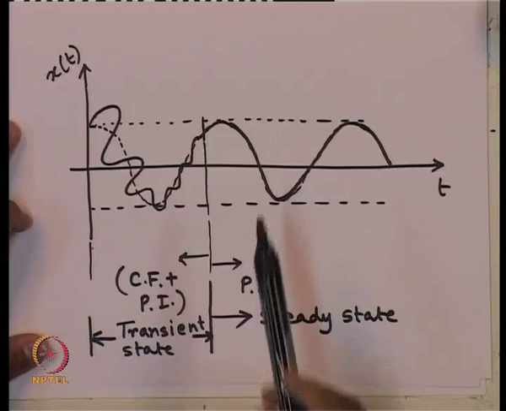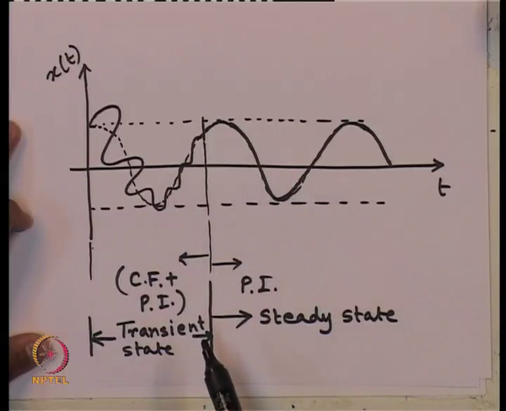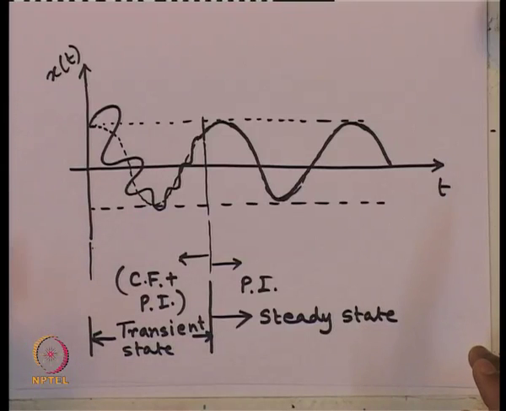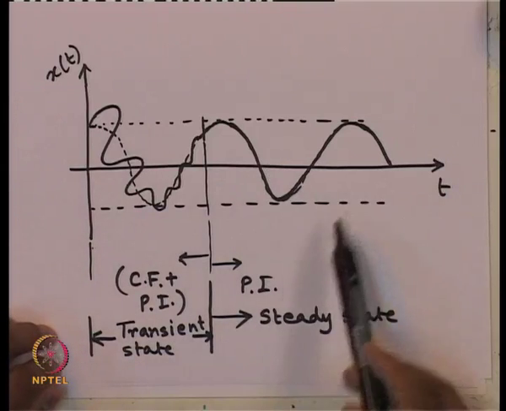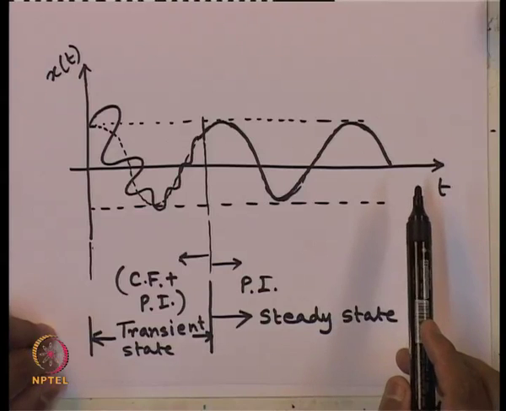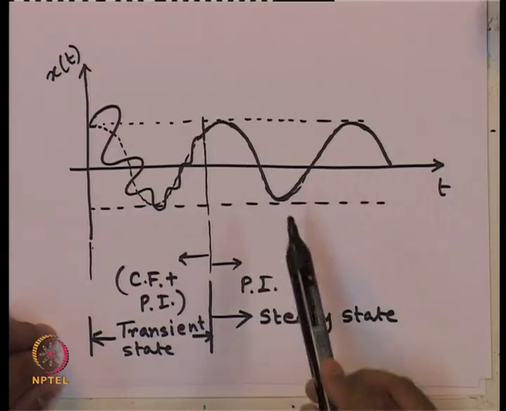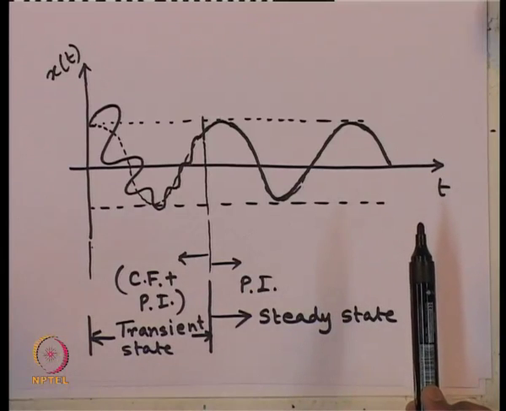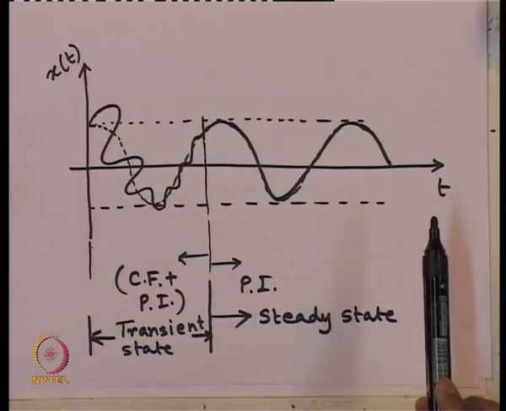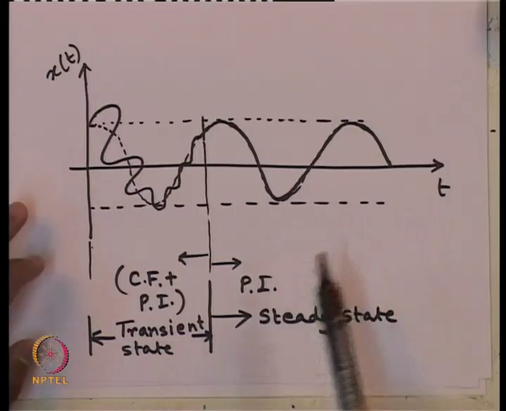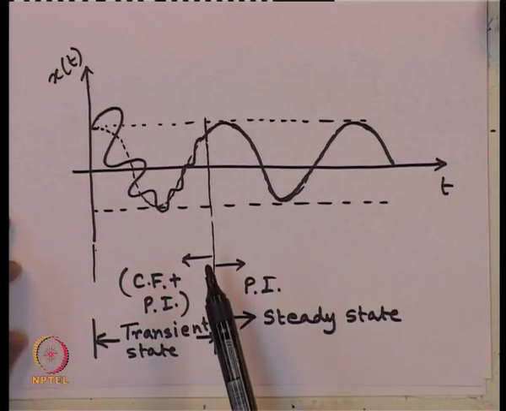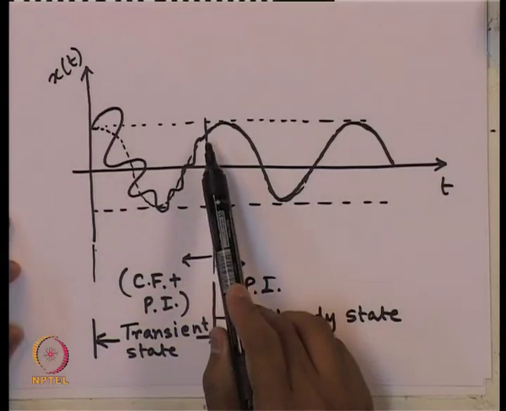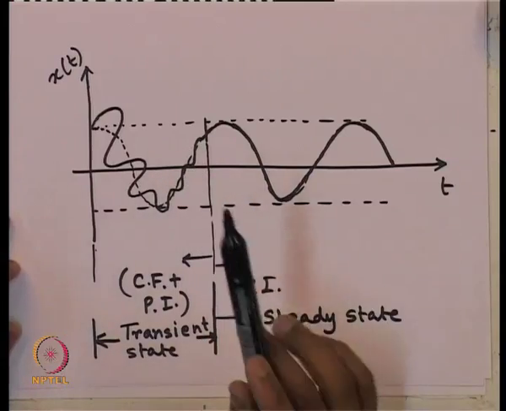We can say that a system has reached its steady state condition when the response becomes harmonic. Or, if we want to generalize more, steady state of the system has been reached when the initial conditions have died down.